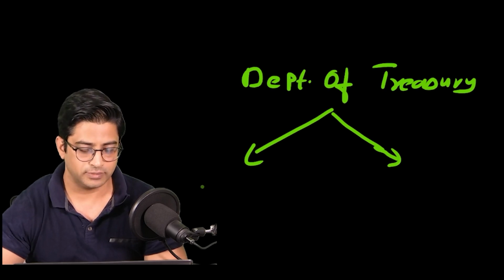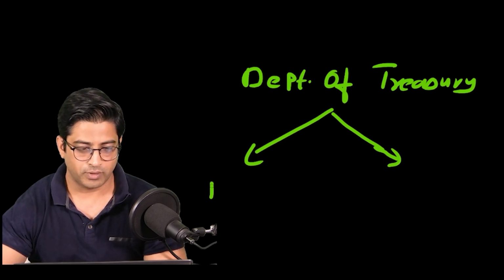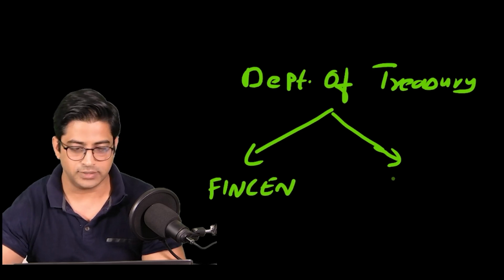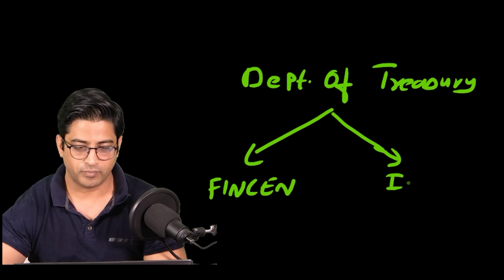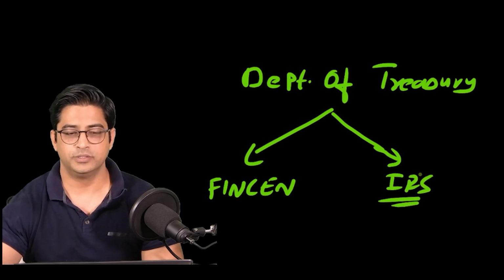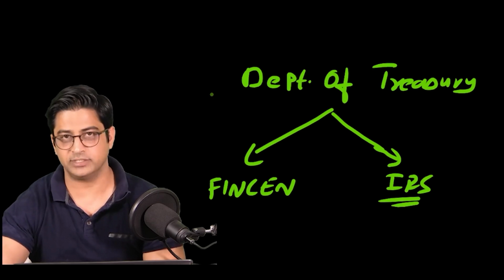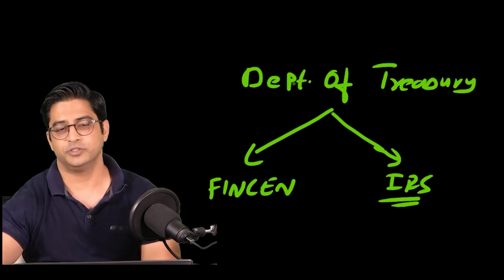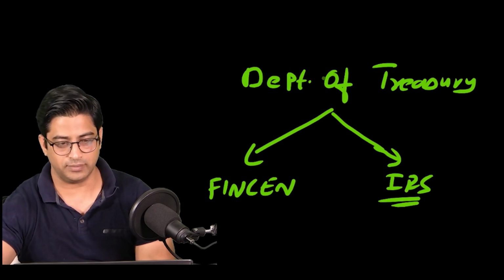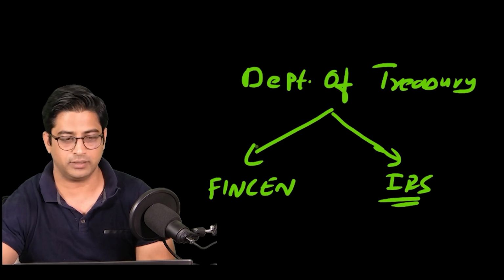One is FinCEN, the other is IRS. Okay, so the Department of Treasury is the main branch, like a main umbrella, and these two are sub-branches under the Department of Treasury.